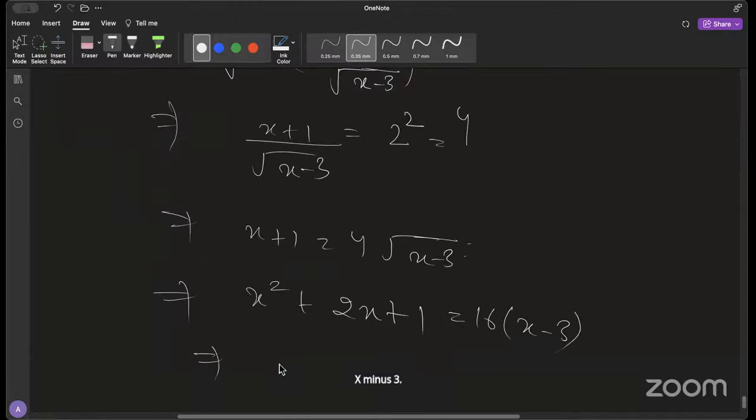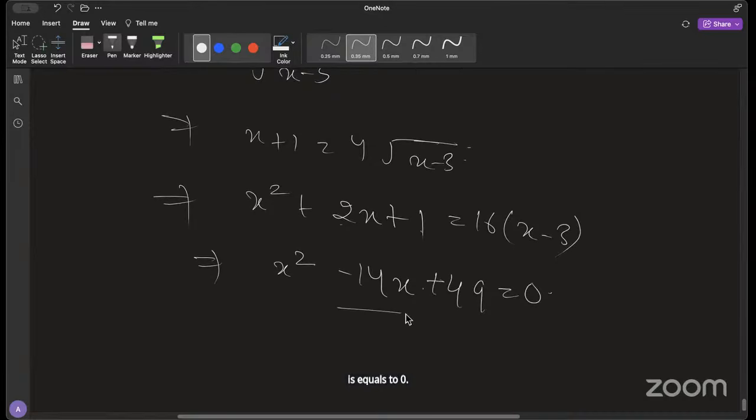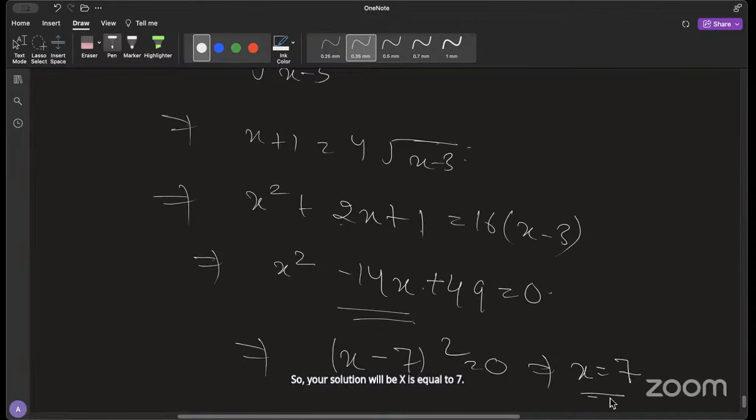So this gives you x^2 + 2x - 16x, so this will be minus 14x. Then 1, 16 times 3 is 48, plus 49. So x^2 - 14x + 49 is equal to 0. This is a quadratic equation, (x-7) whole square, so x is equal to 7. So your solution will be x is equal to 7.